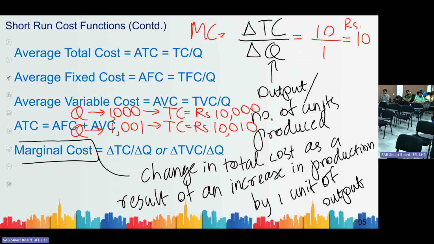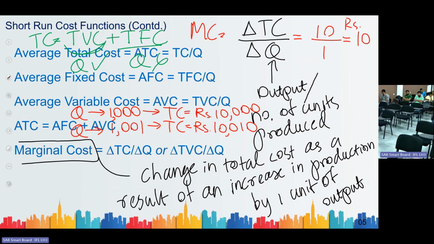We discussed earlier that there are 2 types of cost, fixed cost and variable cost. Total cost comprises 2 components, total variable cost and total fixed cost. Between these 2, which part changes with the output level? Only variable cost. Fixed cost does not change with output, but variable cost does.